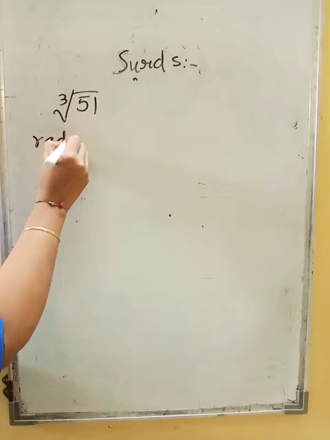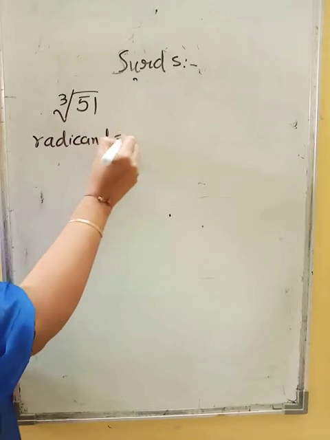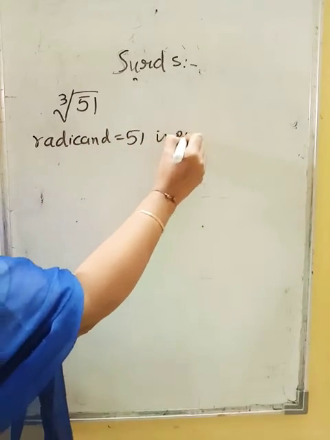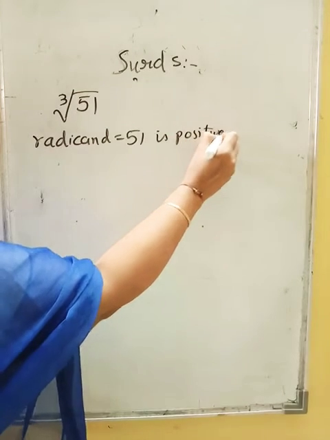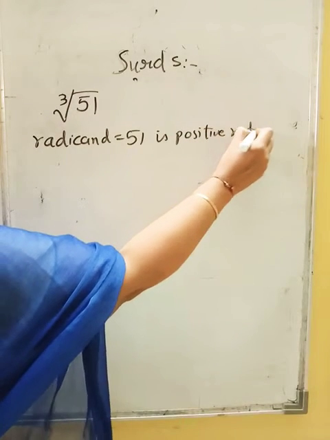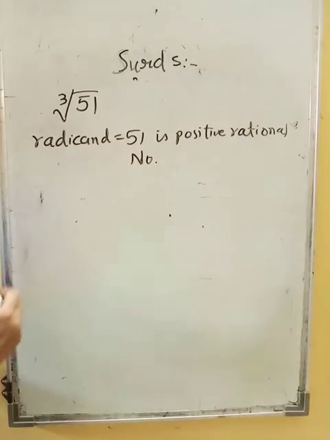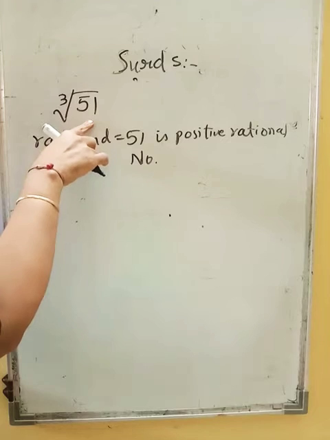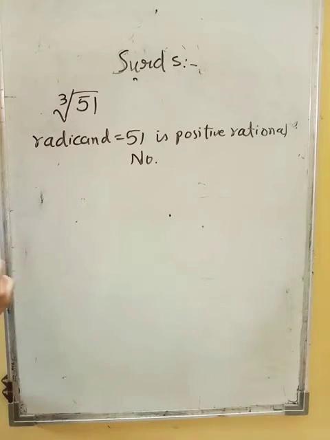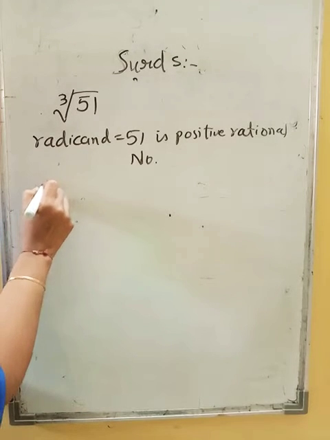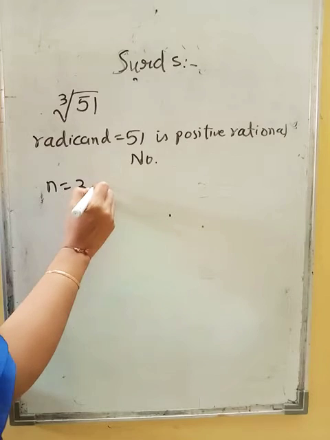What is radicand? 51 is a positive rational number. Always you have to check. This a inside the radicand, is it a positive rational number? Yes. And this n is equal to 3.